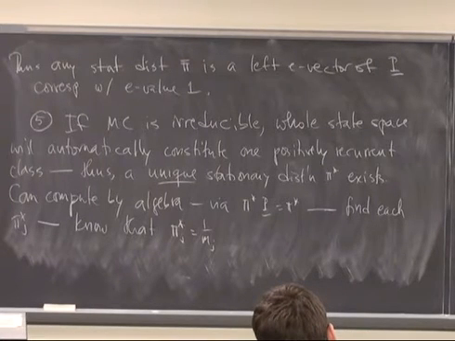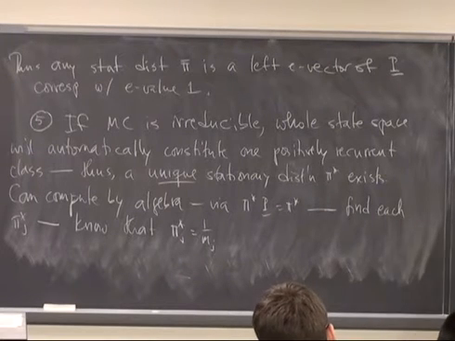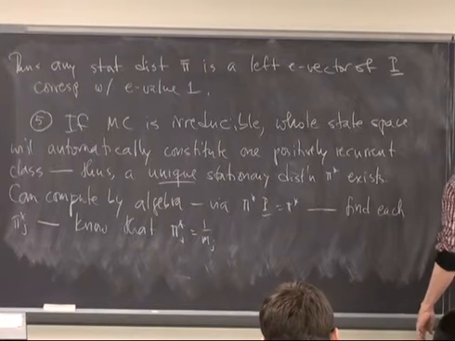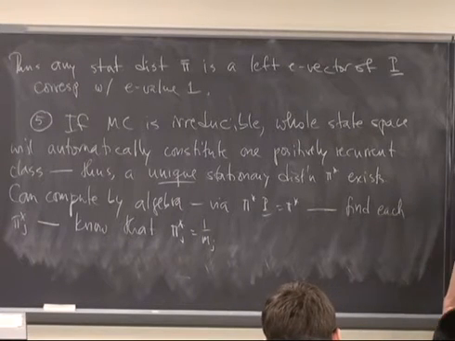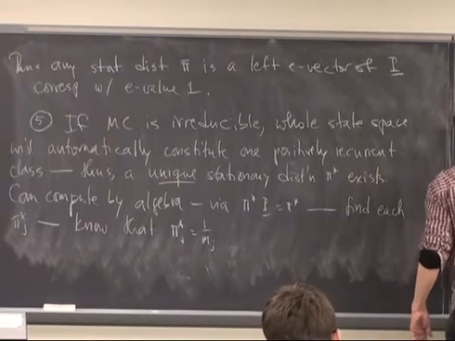And this, of course, is true for arbitrary infinite state Markov chains that have one positively recurrent class as their state space. But the point here is that pi star j, you can compute from sort of static linear algebra.